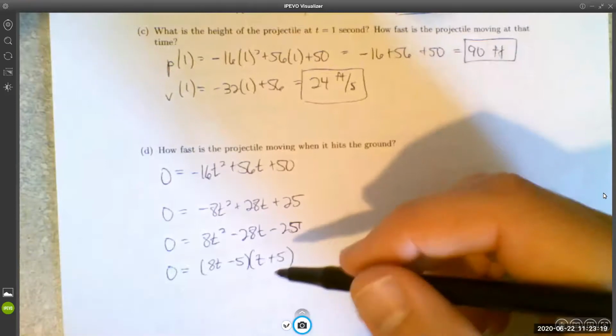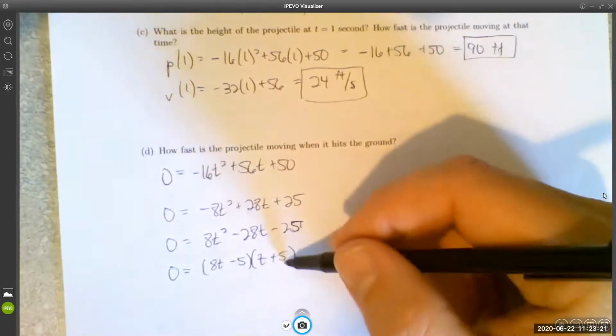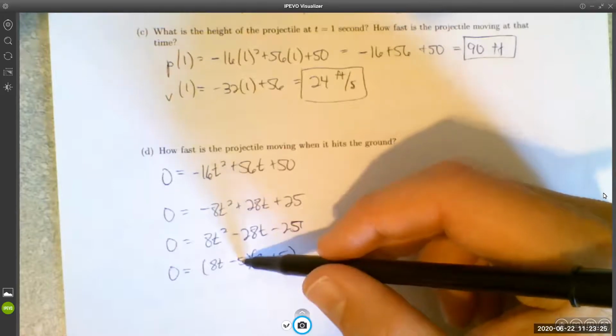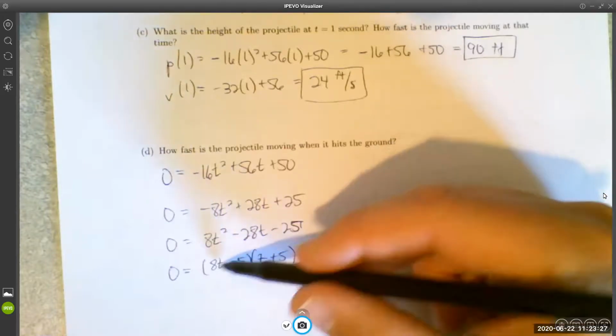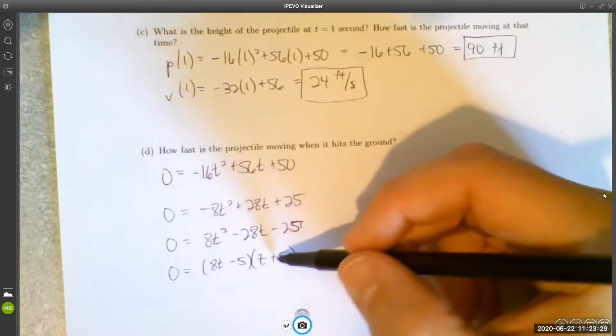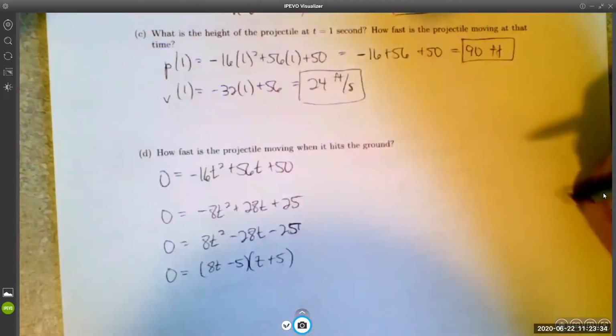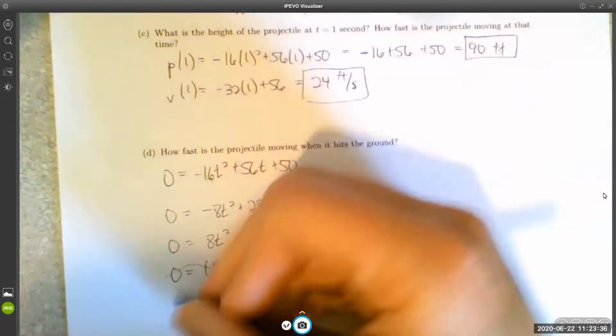If I put a 1 here and a 25 there, we'd get 25 and then 8. That's not going to give us 28 though. So I don't think 25 and 1 would work either. Let's try 4 and 2.